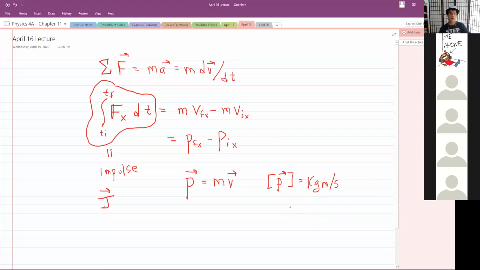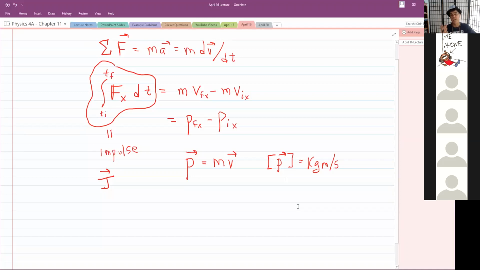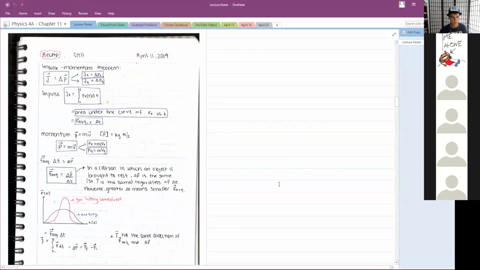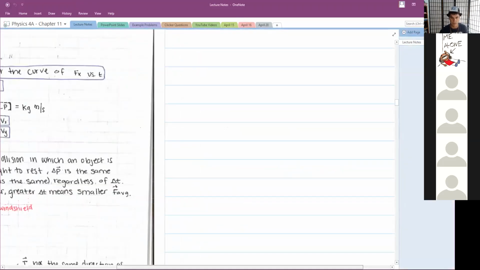Okay, so momentum is the mass of an object times its velocity. And just like any vector equation, we could break this up into x and y components. So the momentum in the x direction equals mass times velocity in the x direction. Momentum in the y direction is mass times velocity in the y direction. And what I ended up deriving for you is this impulse-momentum theorem.